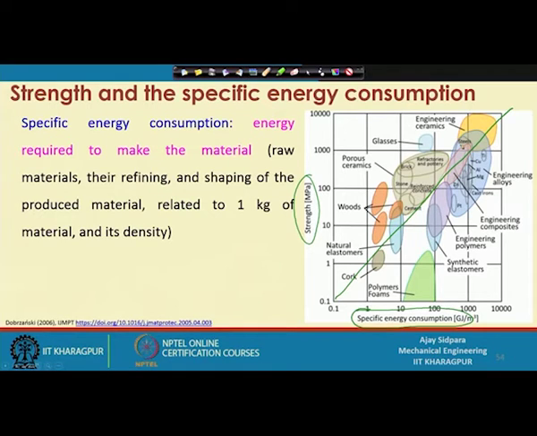Now, think about how much time, because whatever energy consumption you are putting here will be directly converted into cost and time, right. Both things are important, because you cannot ignore this when you are making a machine, since that is directly connected with the cost. If you want a very stiff structure and you do not want to sacrifice any of the strength of the material, then you have to go with a high specific energy consumption material, and cost will directly go up.